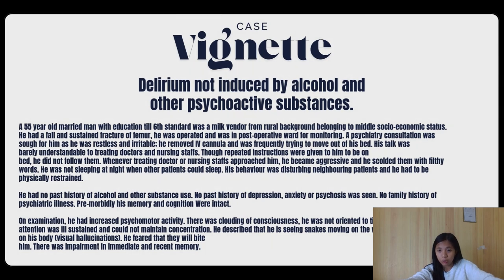And his attention was impaired. He also had difficulty in immediate and recent memory, meaning that he couldn't remember the recent events or things that just happened. So that's basically what the case vignette is saying. So those are what was shown by that patient.